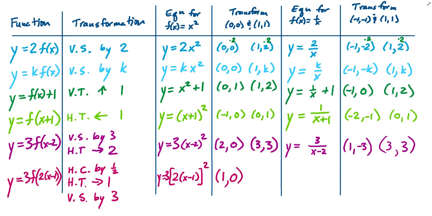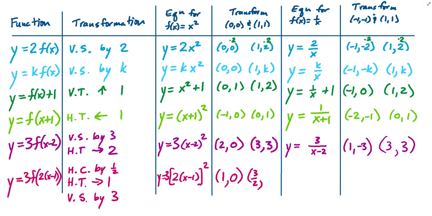Let's do it again with 1, 1. Horizontally, we have two things happening, a compression and a translation. The compression means I'm going to take that 1 and multiply it by a half. That equals a half. Plus 1, 3 halves, or 1 and a half.